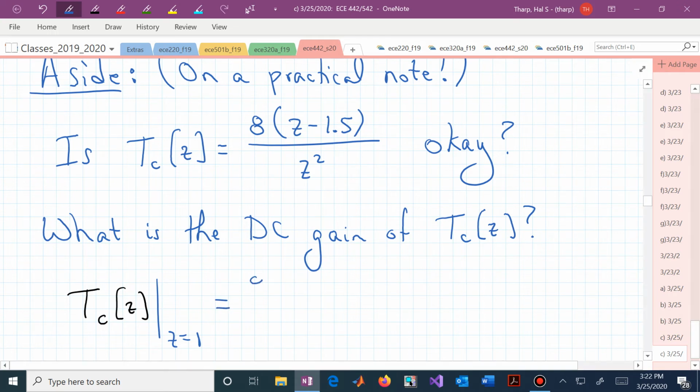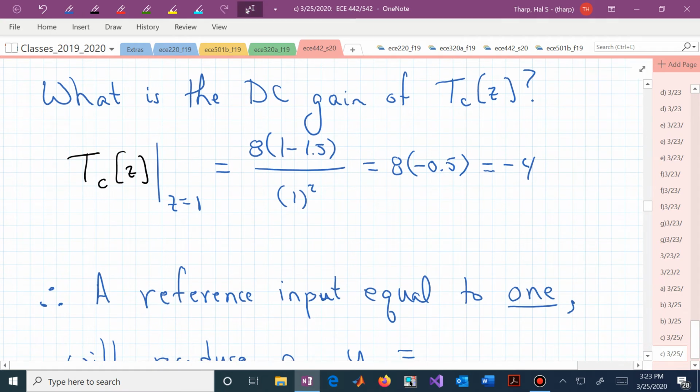That gives 8 times 1 minus 1.5 over 1 squared, or 8 times minus 1/2, which is equal to minus 4. That's our DC gain.